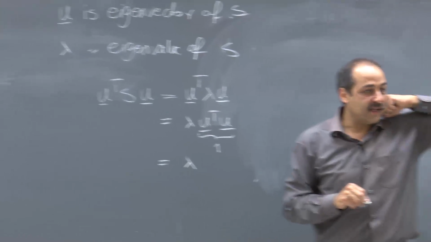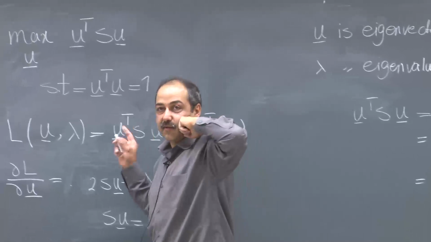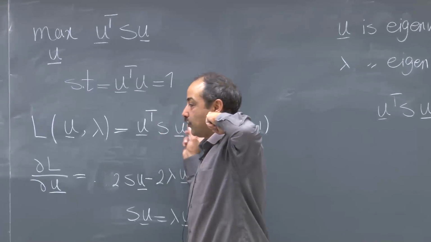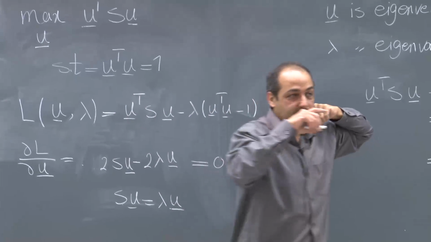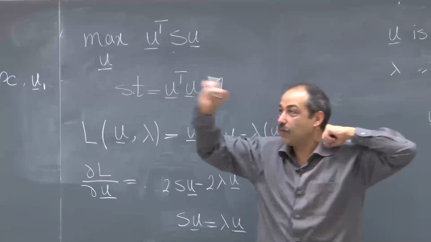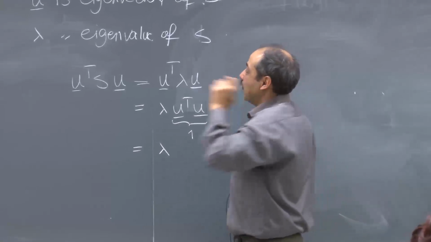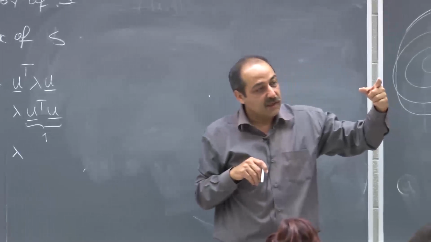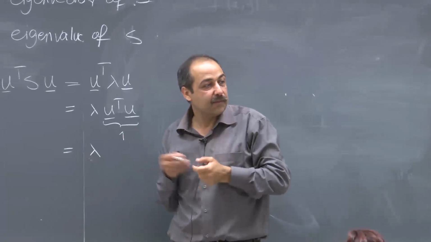So any pair U, lambda is a saddle point and sets my Lagrangian gradient to 0. But for any pair, the value of my objective function is going to be equal to the corresponding lambda. So when I put it here, it becomes lambda. If I want to maximize this, I have to go for the U which has maximum lambda.